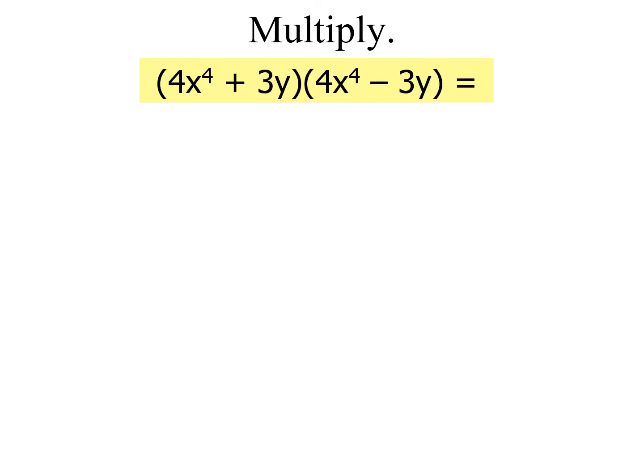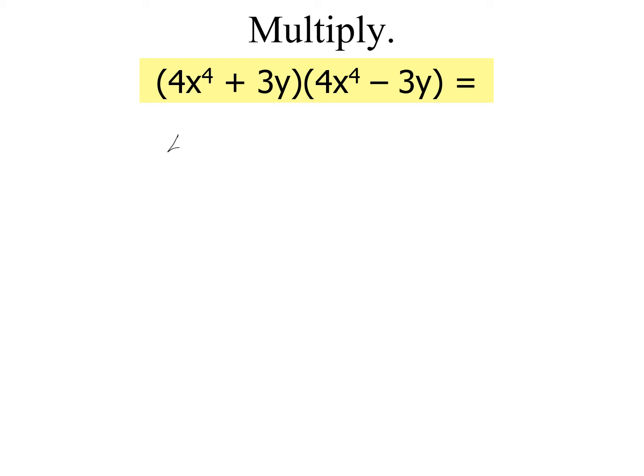Now we're down to our second to the last example. We have here multiply the quantity of 4x to the power of 4 plus 3y times the quantity of 4x to the power of 4 minus 3y. In this case, our first term is 4x to the power of 4 and our second term is 3y. And the pattern for the product of sum and difference of two terms actually tells us that we square the first term, right?